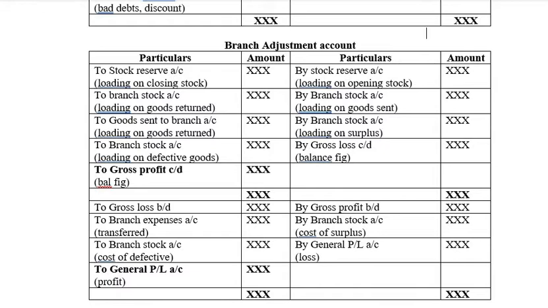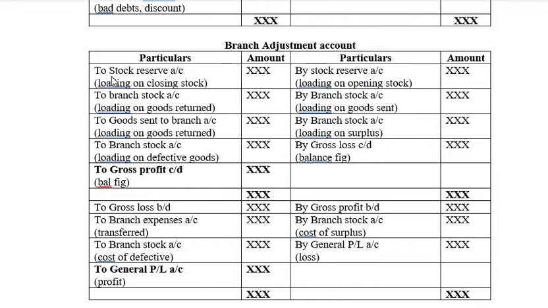The first part contains the adjustment of loading of all items, including loading on deficit goods and surplus goods, whereas the second part includes the gross profit or loss brought down from the first part. Now this account is quite an important one because it is treated like a trading and profit and loss account. So let's deal with the branch adjustment account.